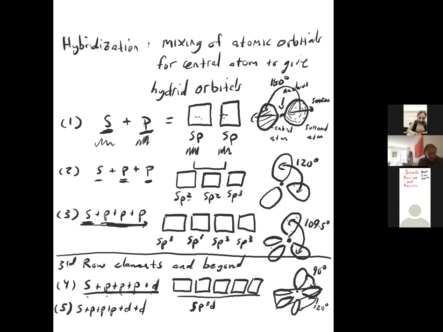So now you get 6 orbitals. 1, 2, 3, 4, 5, 6. sp3d2. Why d2? Because there's 2 D orbitals. This one's your octahedral. Right, 90 degrees octahedral.